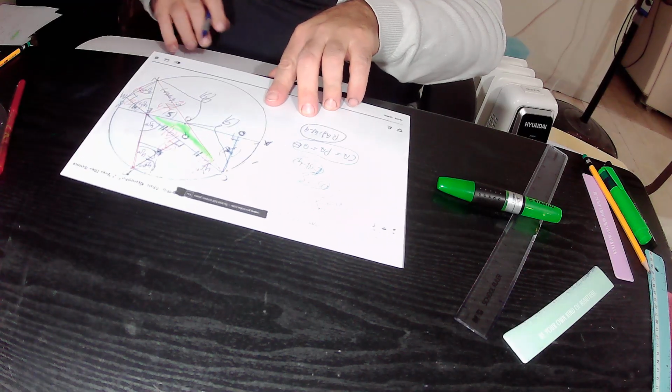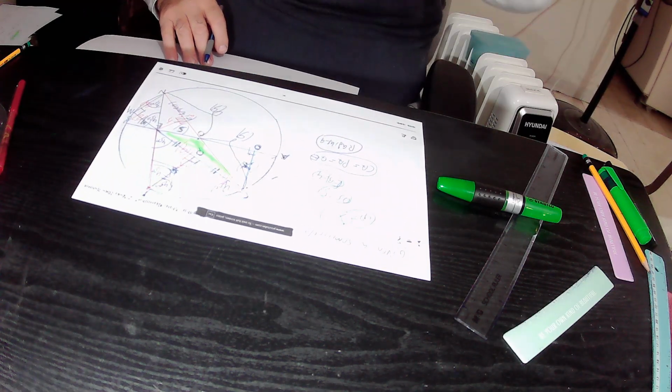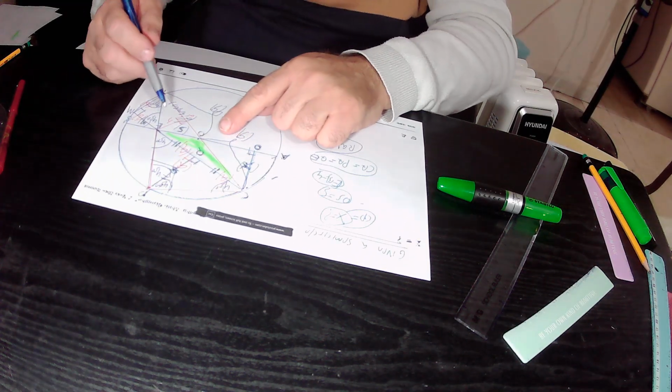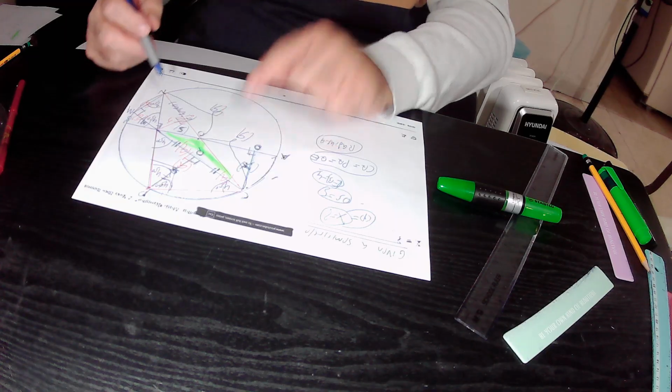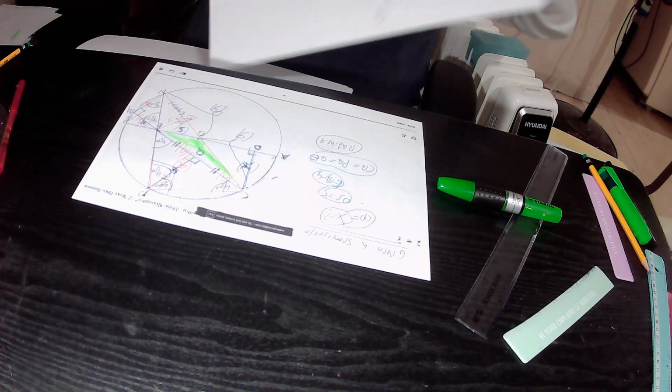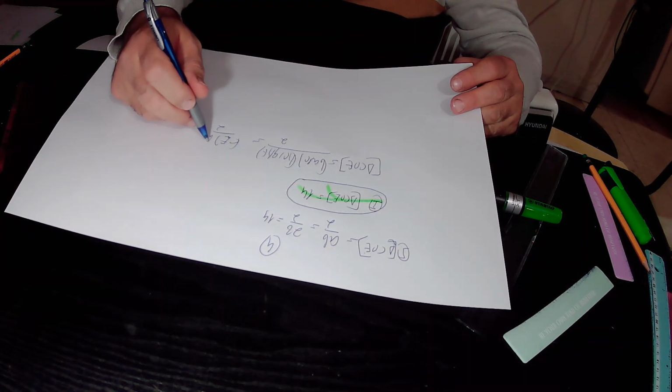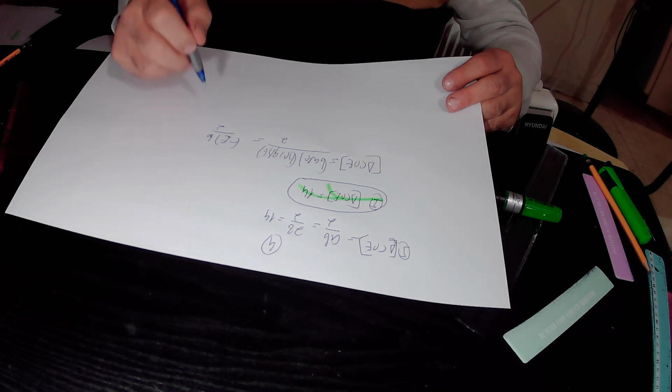So we should find that the area of the triangle EOC equals the base CE times the height B over 2.